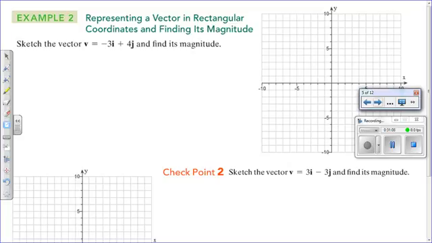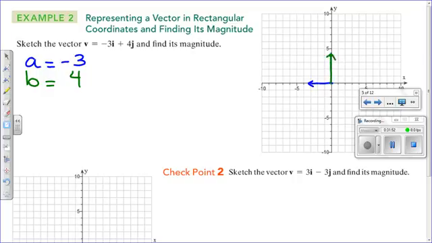All right, so let's go ahead and find the magnitude here for this one. What this is telling me is that the scalar multiple of the i component is -3. So we're going to go -3 units right here. And then the vertical component is +4. So it's like we're multiplying the unit vector j times 4. So then it goes up to here.